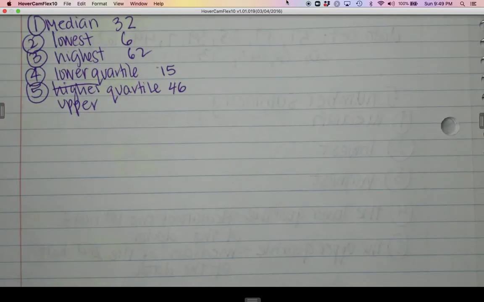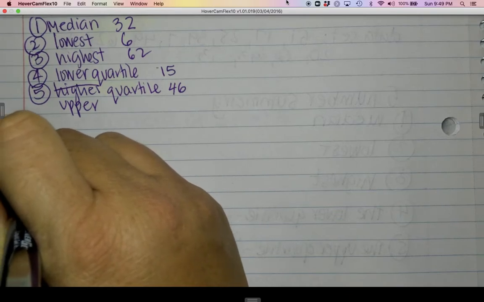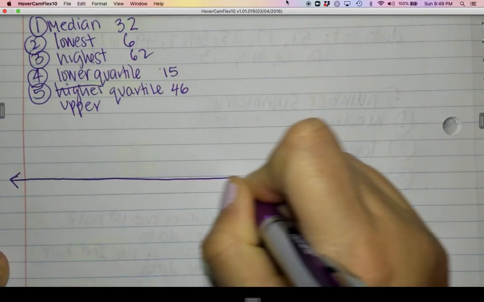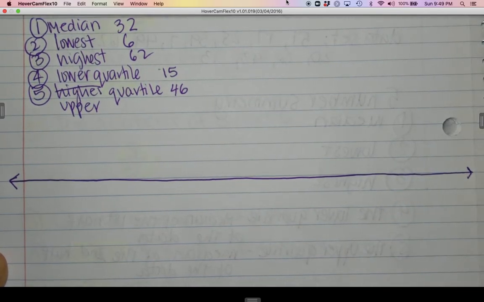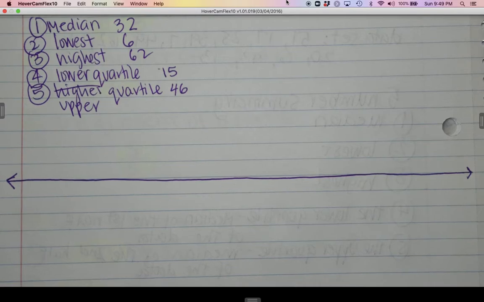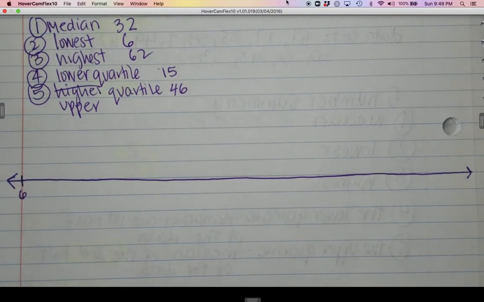So what I'm going to do is draw a number line. And in this number line, it's going to be long. So I'm going to draw it by 2s. My increments have to be the same, remember. So I'm going to start with 6 because 6 is my lowest number. And I'm going to go all the way to 62, but I'm going to count by 2s.